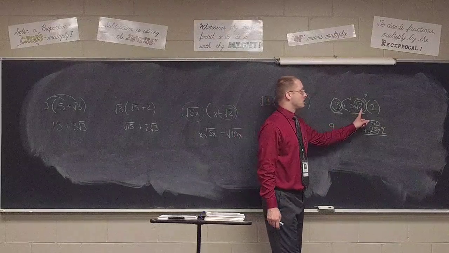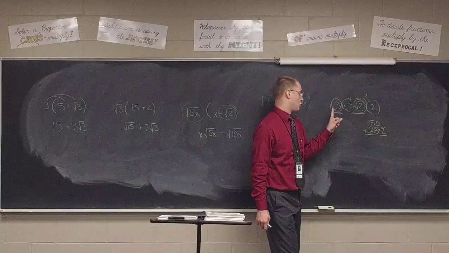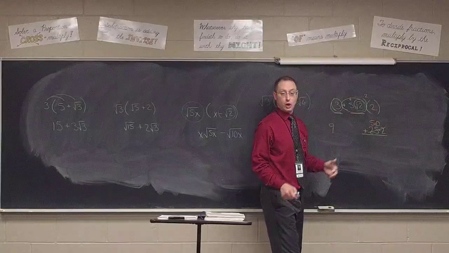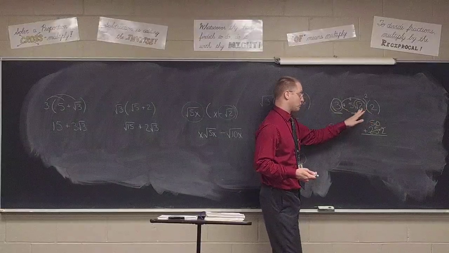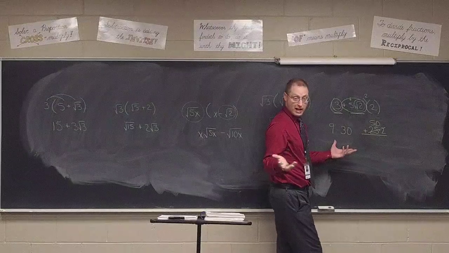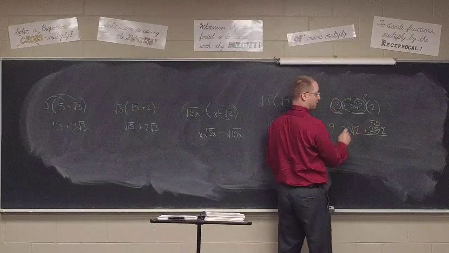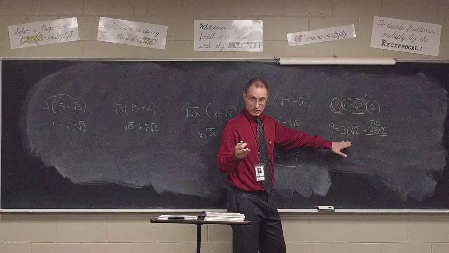The square root of 2 is irrational. Is there any other irrational that it gets to multiply by? Nope. The 3, the 5, and the 2, those are all rational. The multiply and the double, that's all rational. That all gets multiplied. That does give me 30. But the square root of 2 is the only irrational thing. There's nothing else it can multiply by. We will get a 30 times the square root of 2. Does that make sense now?